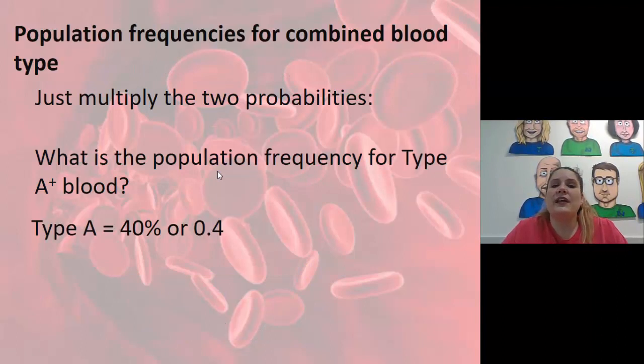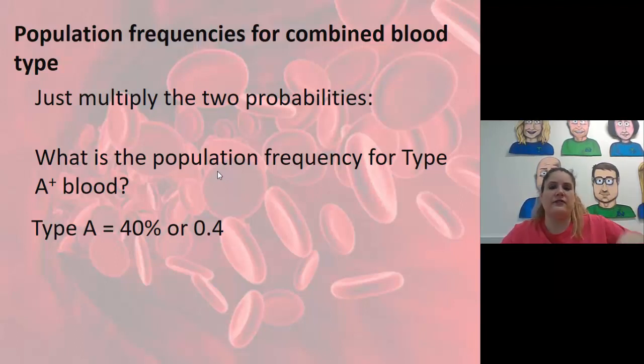Okay, so if you want to figure out the population frequency for combined blood type, just multiply the two probabilities. The population frequency for type A is 40%. But remember, when we do math with a percent, we have to do that whole decimal thing. So 40% turns into 0.4, two places to the left.